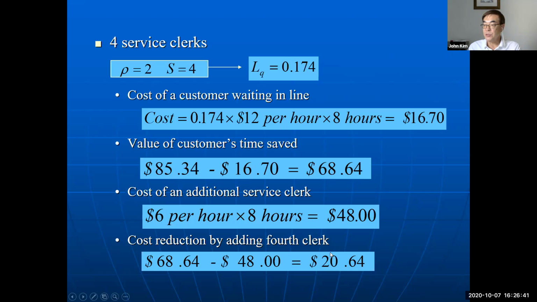If this result is negative, then the decision is don't hire, because there is no saved cost. Say again, if the result is positive, then the decision is hire one more clerk. If this result is negative, then the decision is don't hire, because there is no cost reduction or saved cost.